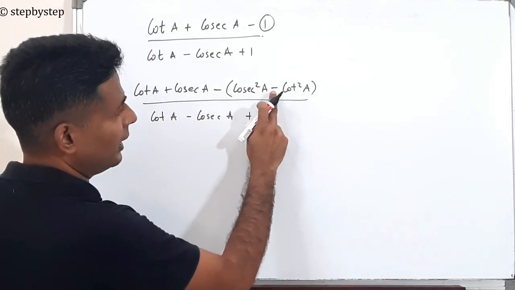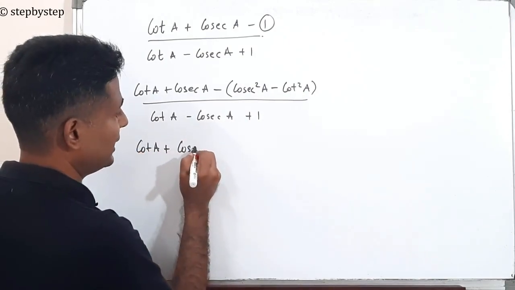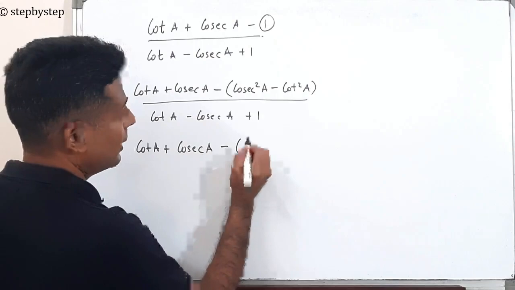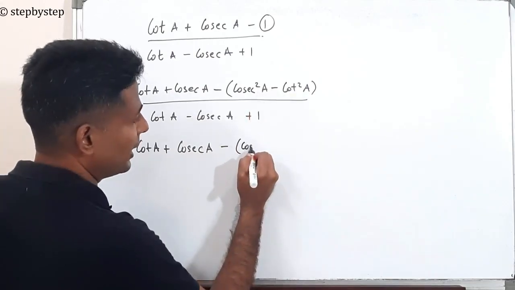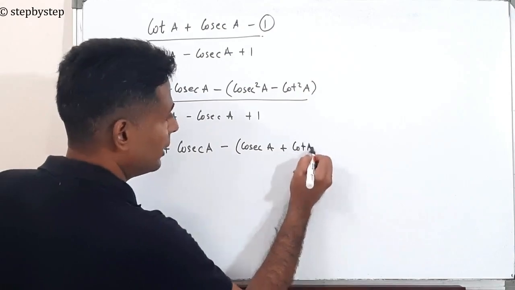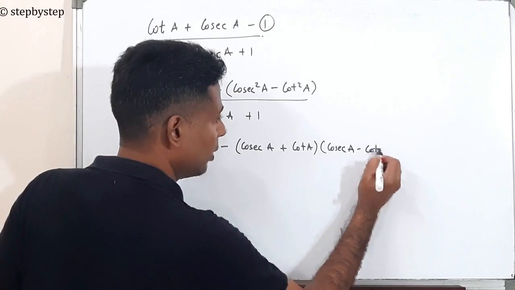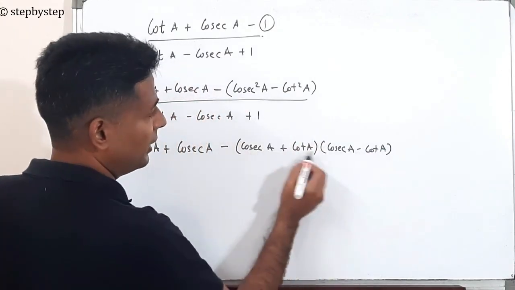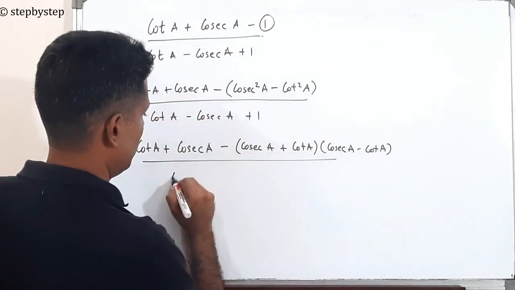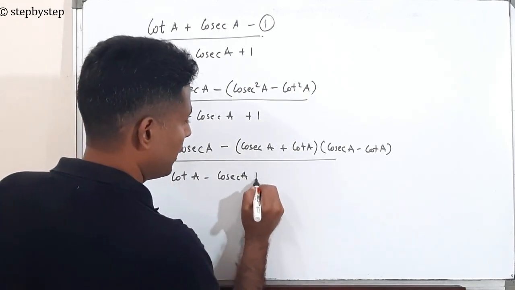Now cosec square A minus cot square A, now this is of the form A square minus B square. So I can write it as cosec A plus cot A into cosec A minus cot A, A plus B into A minus B, by whatever we have here, cot A minus cosec A plus 1.